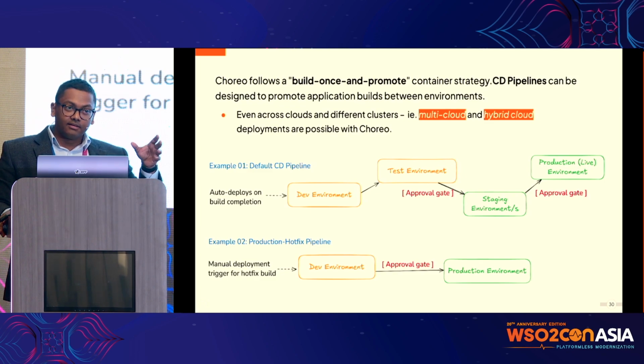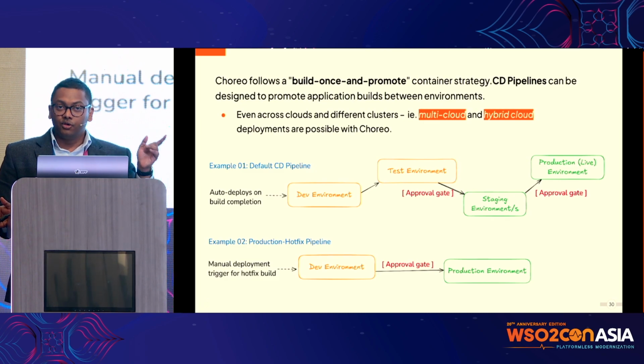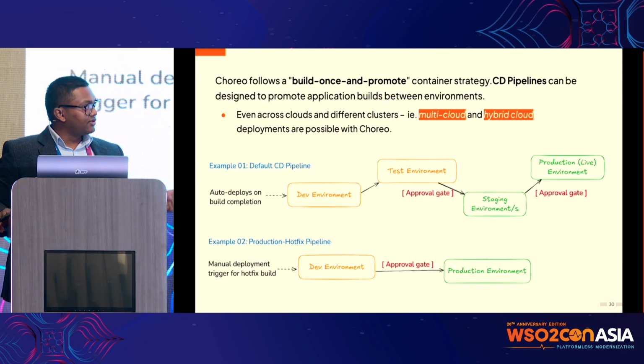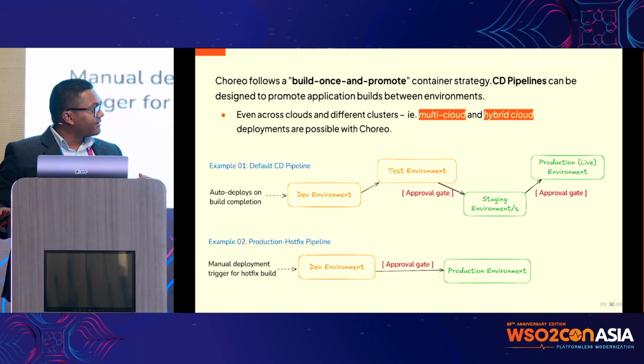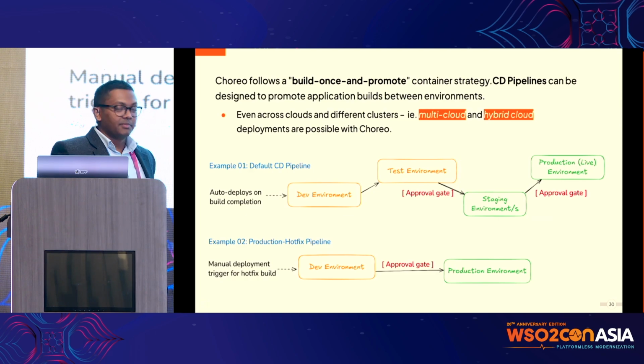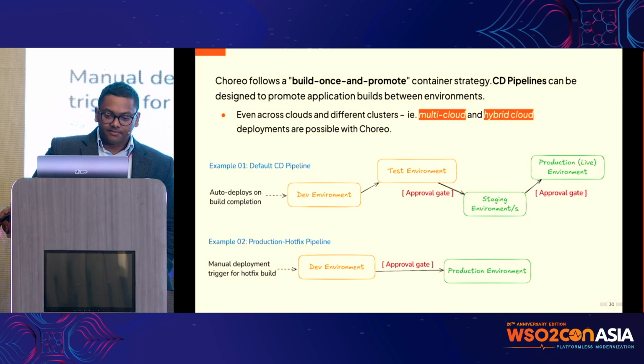You can have your dev environment in the cloud data plane for cost savings. You can have your staging and production environments in private data planes. And when you do click promote, Choreo will take care of promoting that same image artifact across all those environments. And the flow that describes these promotions are what we call delivery pipelines or CD pipelines.